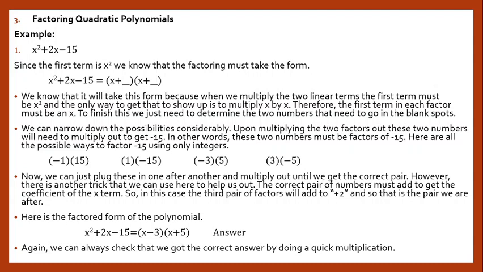So, ito, sakto ito, negative 3 plus 5 would result to 2. So, yan yung tamang pairs, negative 3 and 5. So, for the factored form, instead of x squared plus 2x minus 15, ang factored form niya ay x minus 3. Multiply it by x plus 5. So, pwede nyo na lang i-multiply it to check for the correct answer.